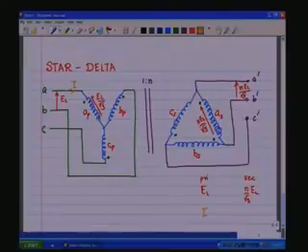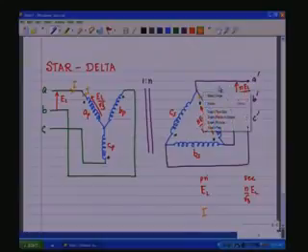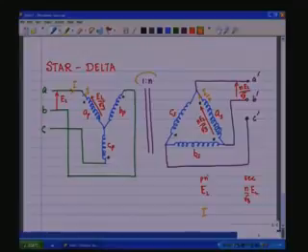The line current and the phase current are the same, and this phase current I, which flows through the primary entering the dot, leaves the dot with a value I by n because of the turns ratio. Now, this I by n, when it comes onto the line, gets multiplied by root 3, because the relationship between the line and the phase in the delta is root 3 I by n.